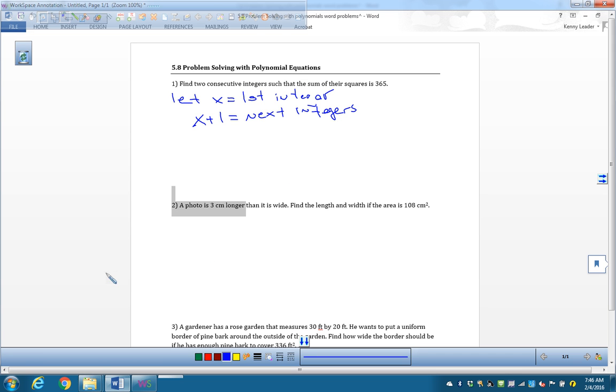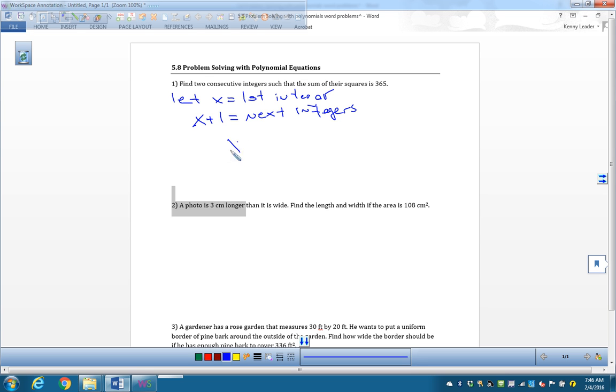If they're consecutive odd integers, then they go up by 2s. Consecutive even integers would go up by 2. And so find two such that the sum of their squares is 365. Anyone think they could tell me what that equation looks like? How would I write the square of x? X squared, right?